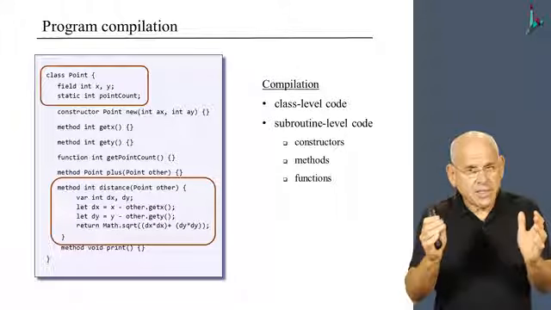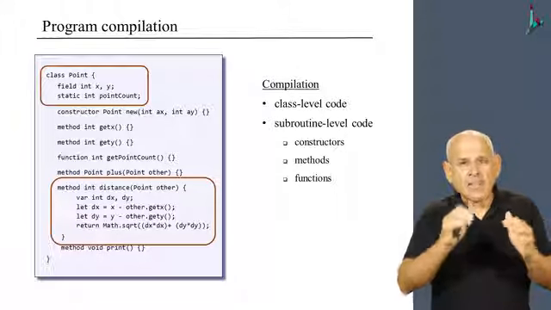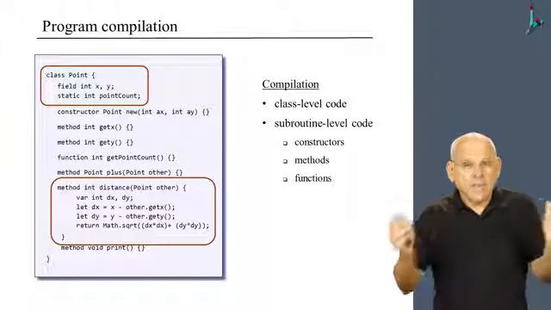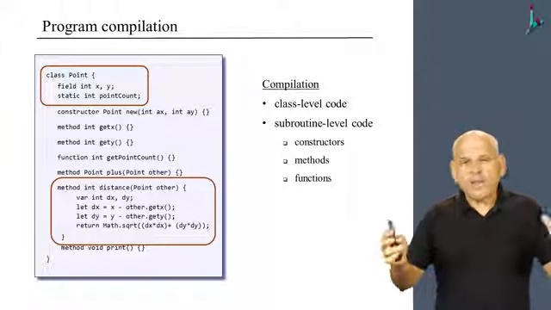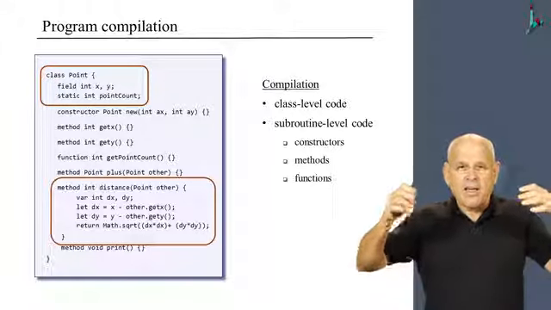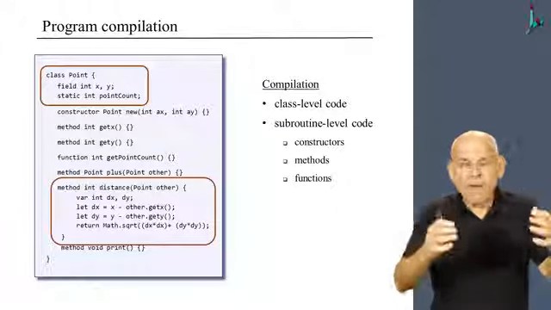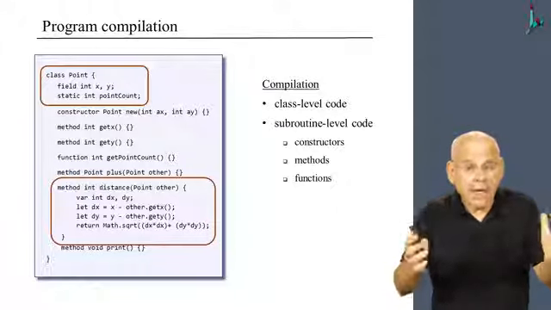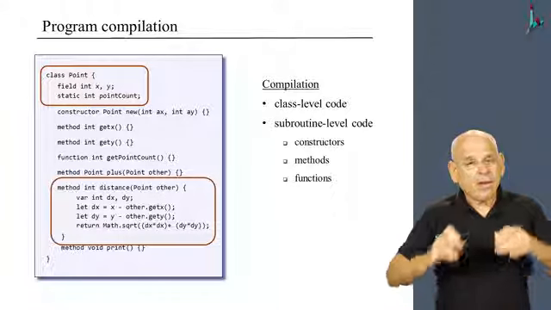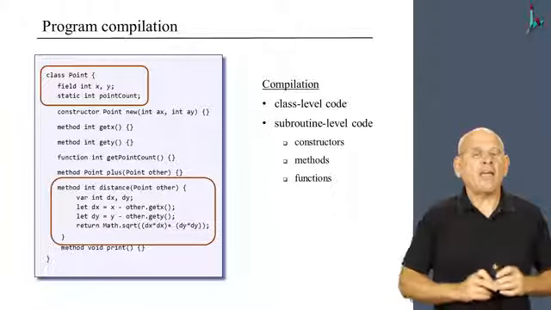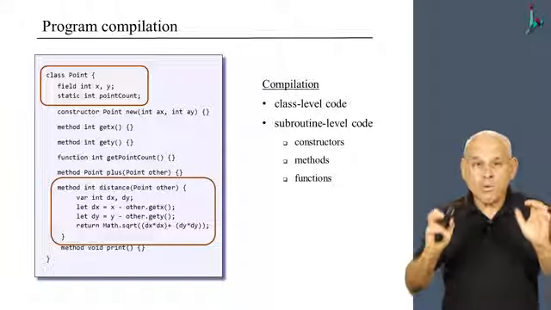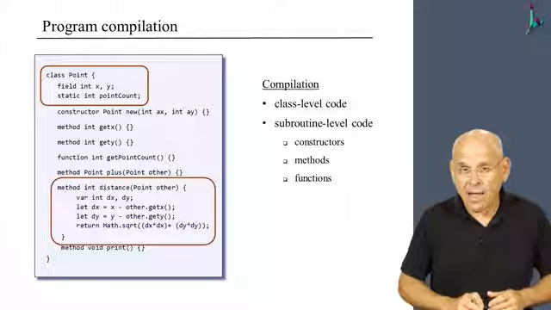So to a great extent, these two compilation tasks are relatively separate and standalone, and therefore, once again, the overall and rather formidable task of writing a compiler for a multi-class program has been reduced to compiling one subroutine at a time. So once again, things are localized, and we are going to use a very modular strategy. And as usual, we are going to do things one step at a time.